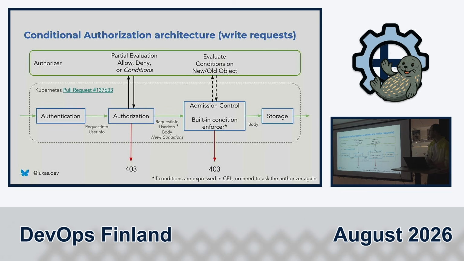Now the conditions are passed along with the request, and in the third phase the authorizer gets a callback saying, here are the conditions you left me with last time, and now here are the objects, the old and the new one. Now you can resolve that into true or false, and now we will actually be able to give allow or deny, and based on that it either gets denied or goes to storage.